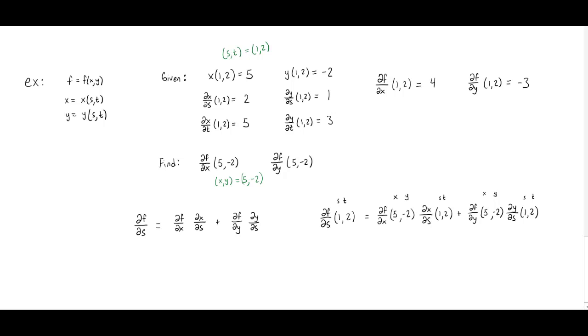Oh, I'm sorry, I miswrote this. This should be s and t. So then the partial of f with respect to s at 1, 2, we're saying that's equal to 4. Now I don't know the partial of f with respect to x, but that's what I'm looking for.